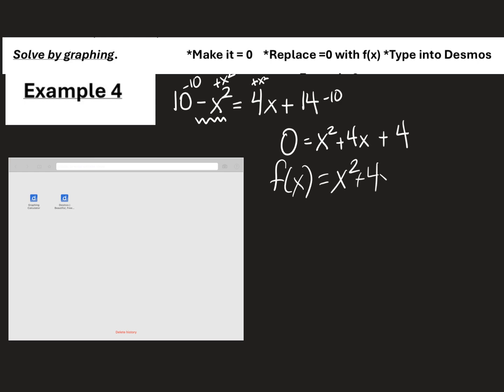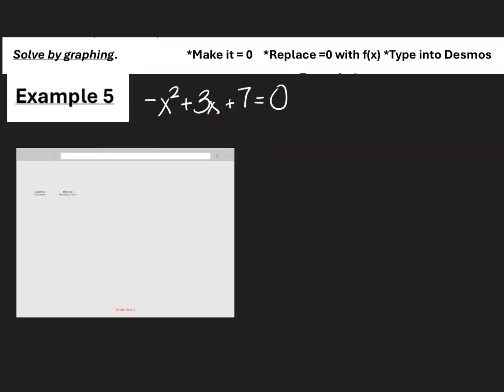You'll type in f of x or y equals x squared plus 4x plus 4. And then you're still solving an equation, so you're going to find the solutions. And again, I'm making myself a note, so I will remember to find the solutions. And you just put your solutions where the graph crosses or touches the x-axis in a solution set. And if it does not cross or touch the x-axis, then the answer is no solution.